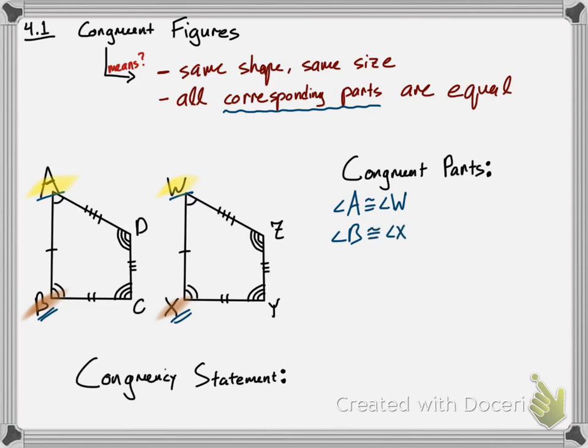So we know they're congruent. And we can continue this on around. We see angle C and Y, they are congruent. Angle D and angle Z are congruent as well. So we have all four angles listed here. Now we also have the sides.